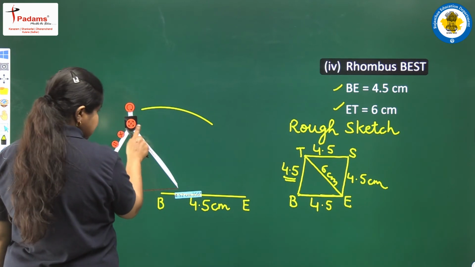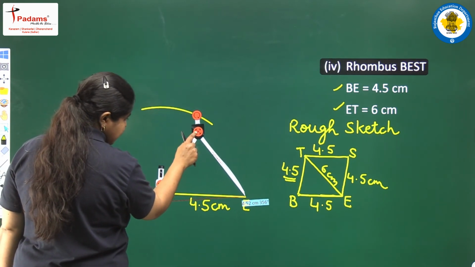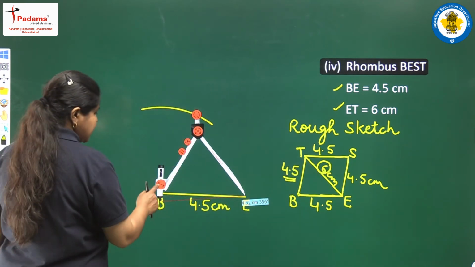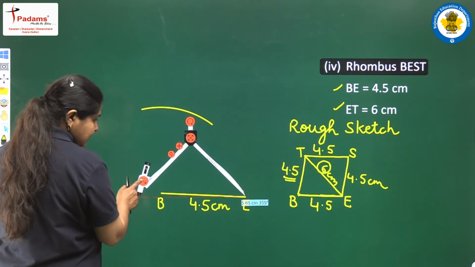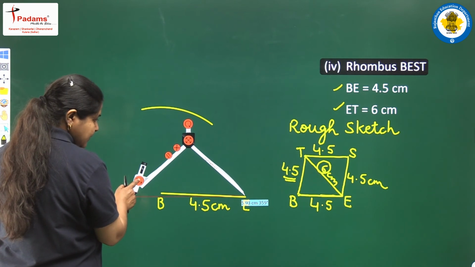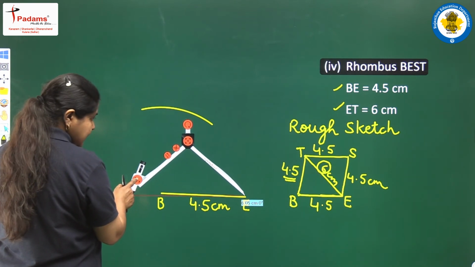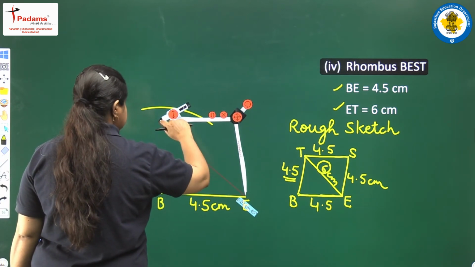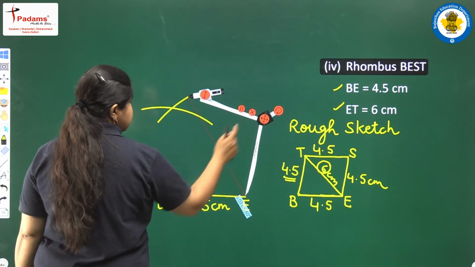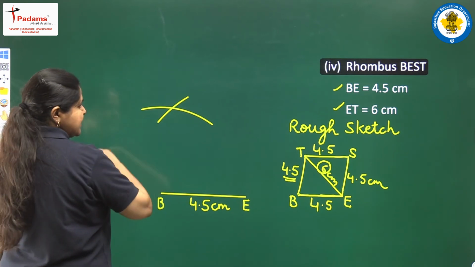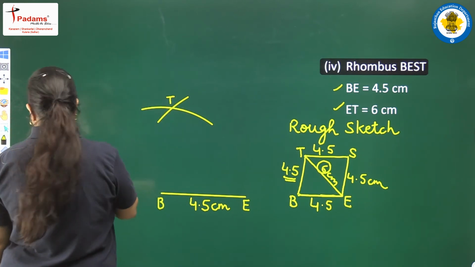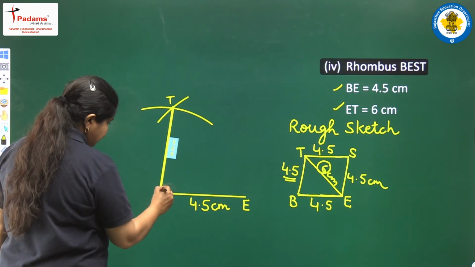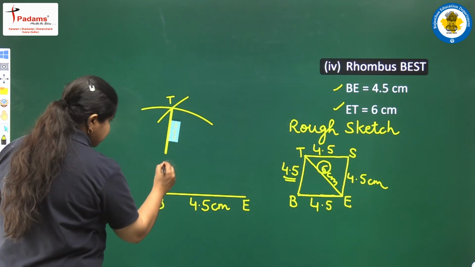Interchange the 2 faces, bring it to E and now we need to get this radius of 6 centimeters so that we can get point T. We take it here, just draw this arc and with this we get the point of intersection of the 2 arcs as point T. Next we will be joining this T to B. Let us join it once again.